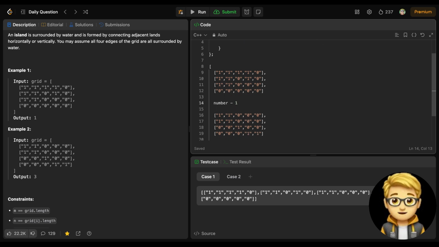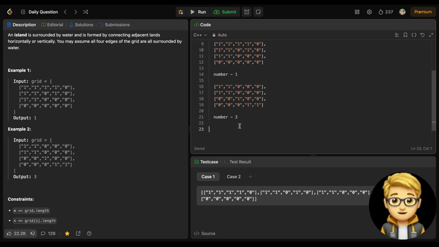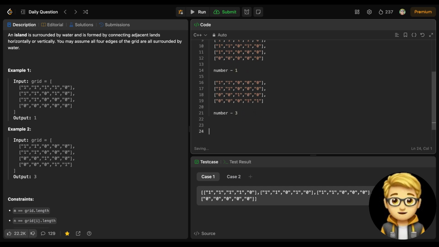But if there are many islands, we need a starting point for every island. So we will iterate over the grid, and whenever I find a one, I will mark it as a starting point, move in all four directions, make an island and increment the count.